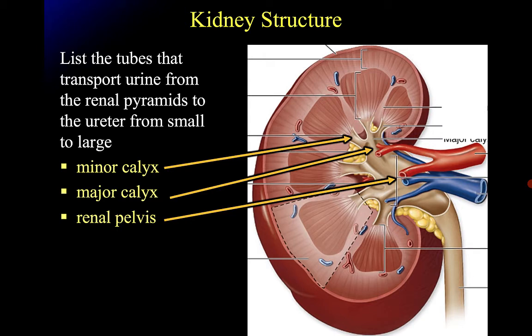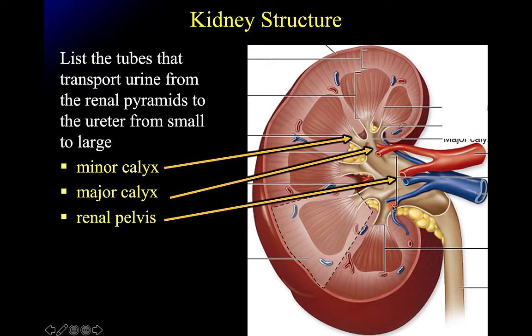Again, this is the gross anatomy part of urine formation and getting rid of it, taking a closer look just at kidney structure. So we've got our cortex, we've got our medulla. Together they are going to form a lobe if we have one pyramid and the overlying cortex. We drain into a minor calyx. You can see a minor calyx associated with each pyramid, and those join together to form a major calyx.